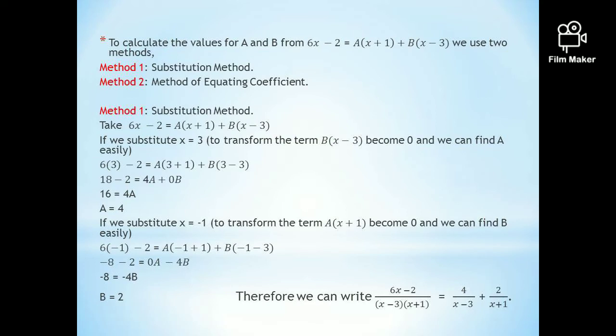Then what do you get? 6 times minus 1 minus 2 equals a times (minus 1 plus 1) plus b times (minus 1 minus 3). Therefore, you get the answer minus 8 equals minus 4b. From there, you can obtain the answer for b as 2. With that, you can write (6x minus 2) over (x minus 3)(x plus 1) is equal to 4 over x minus 3 plus 2 over x plus 1.